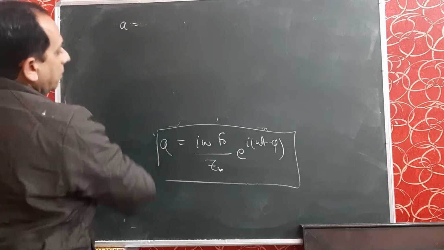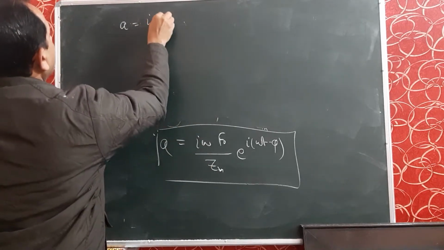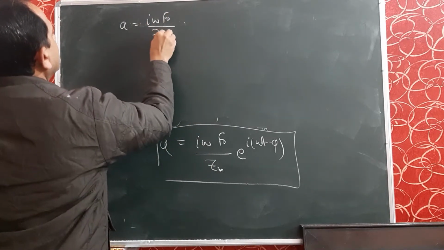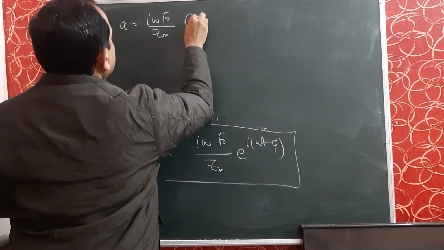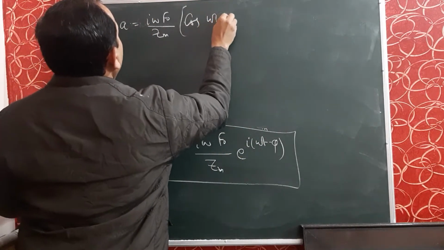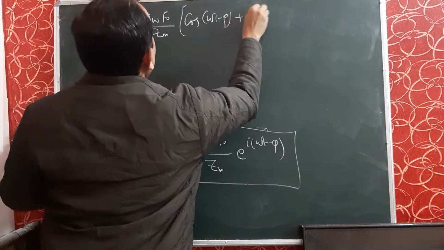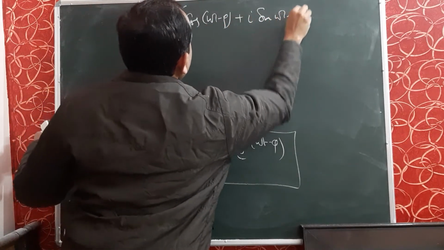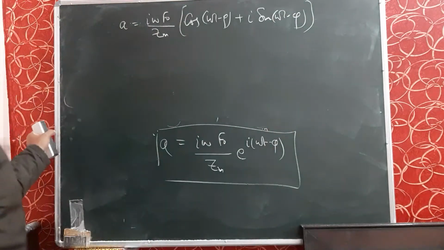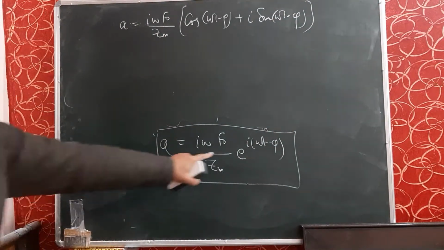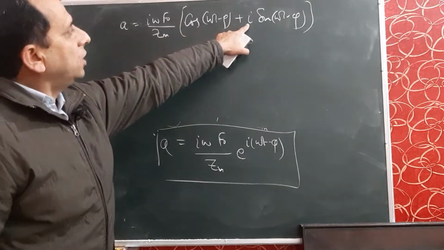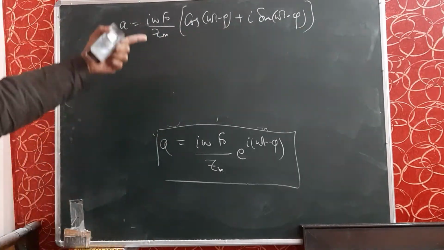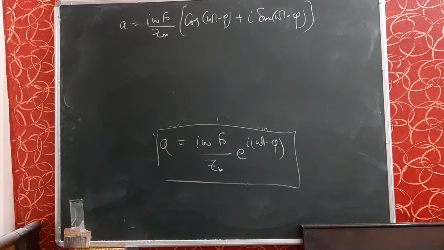So A becomes iota omega F0 upon Zm e power iota theta, which is cos(omega t minus phi) plus iota sin(omega t minus phi), because you know that e power iota theta is cos theta plus iota sin theta, where theta is omega t minus phi in this case.